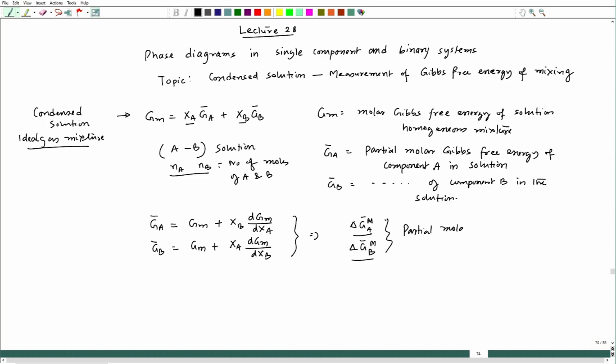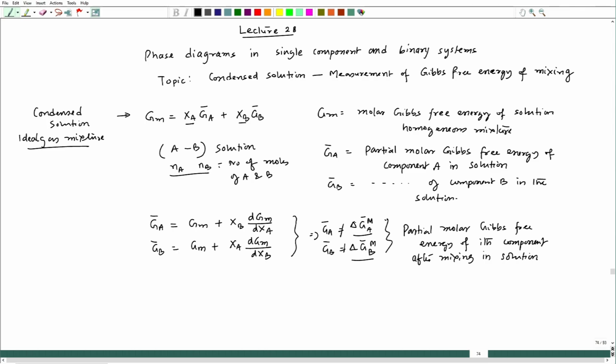These are nothing but the partial molar quantity of the ith component after mixing in solution. This is different than the earlier quantity, it is not the same as that, and we will see that.